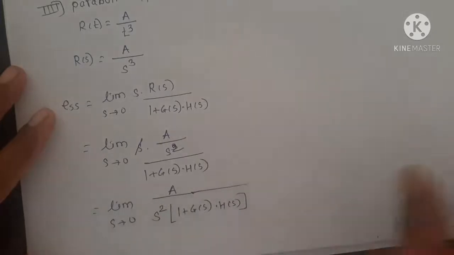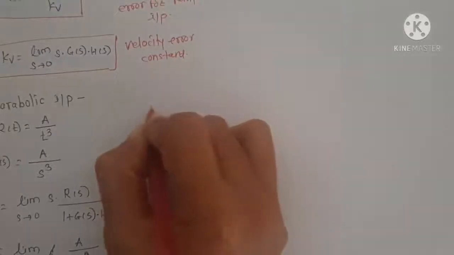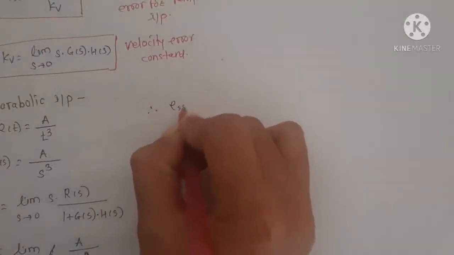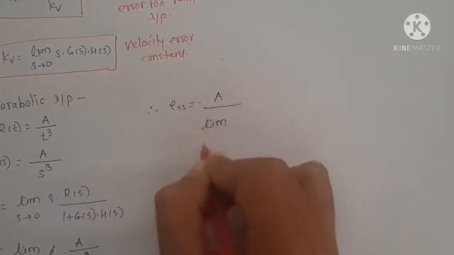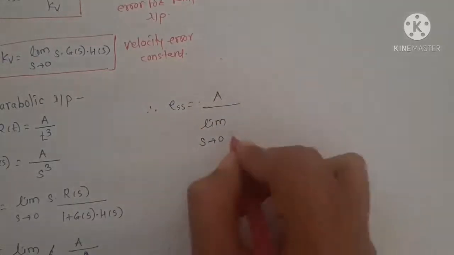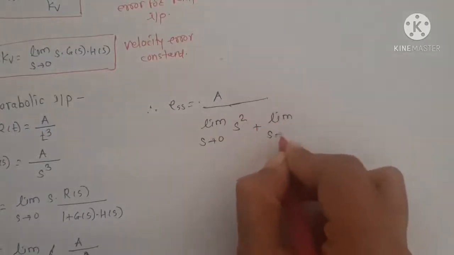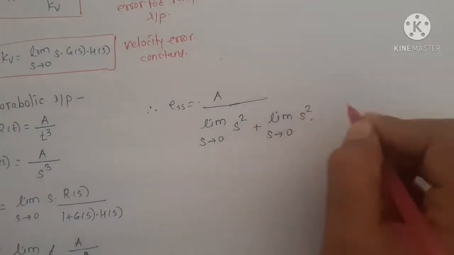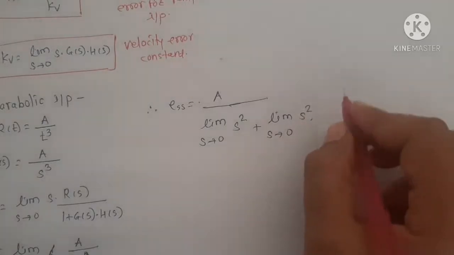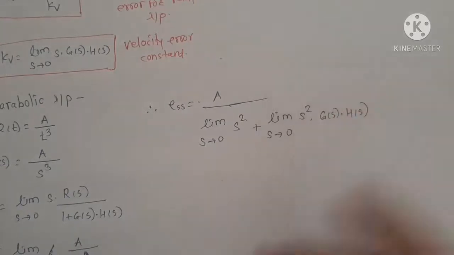So apply limit. Therefore, E of s is equal to A upon limit s tends to 0. First limit is applied to s square plus limit s tends to 0, after that, s square into g of s into h of s.